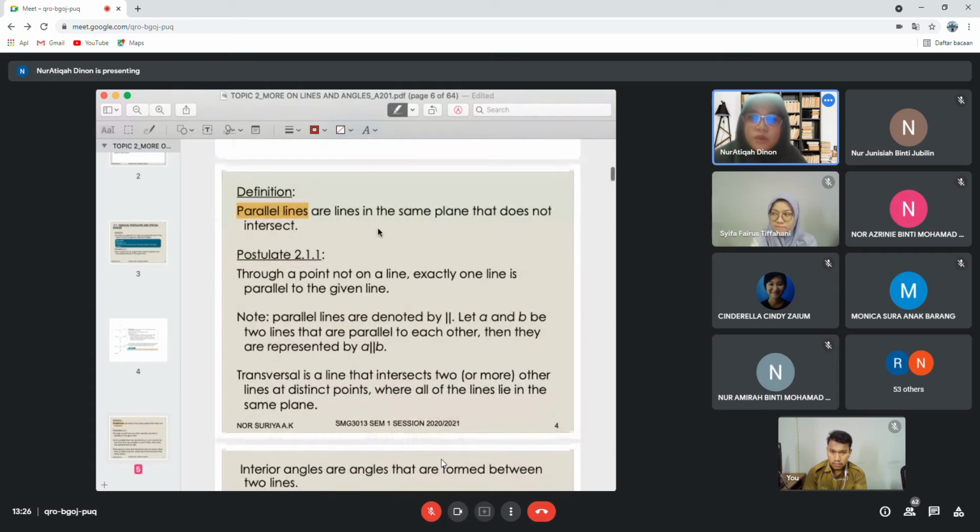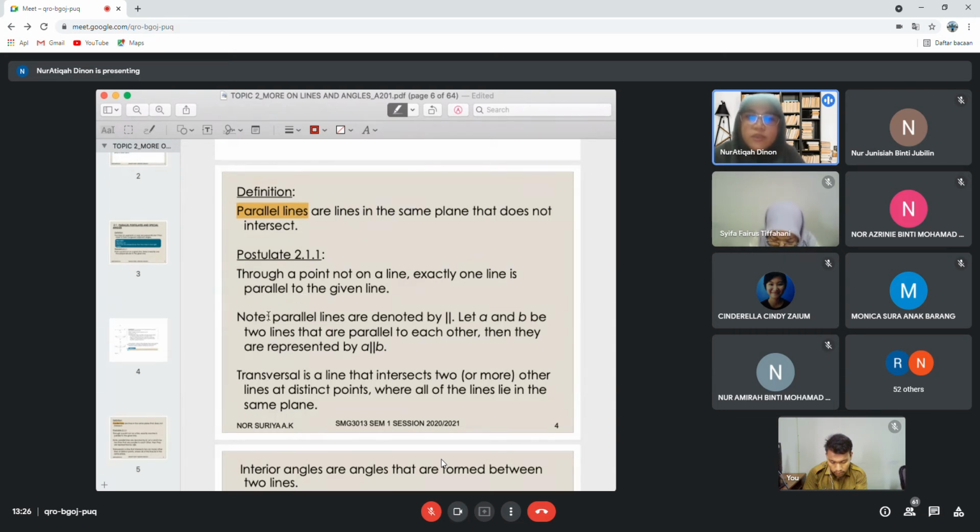Let's look at postulate 2.1.1. Through a point not on a line, exactly one line is parallel to the given line. So for example, if we have a point on a plane but it's not on a line, exactly one line is parallel to the given line. That means we can draw a line that goes through the point and is parallel to another given line.